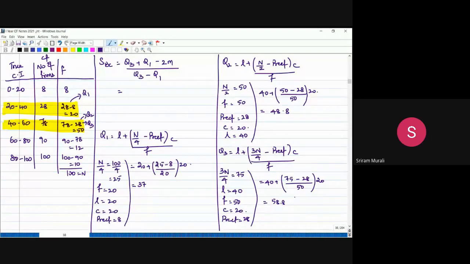Okay, 58.8 plus 37 minus 2 times 48.8, divided by 58.8 minus 37. So what can this answer be? You take care, the answer should be in the range of -3 to 3.